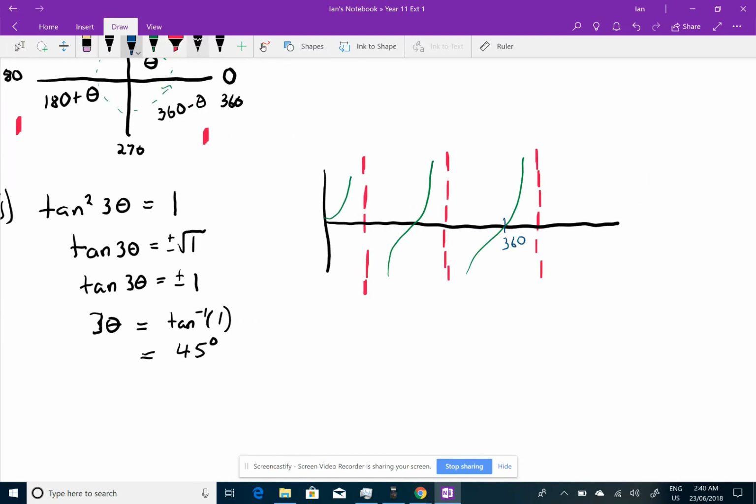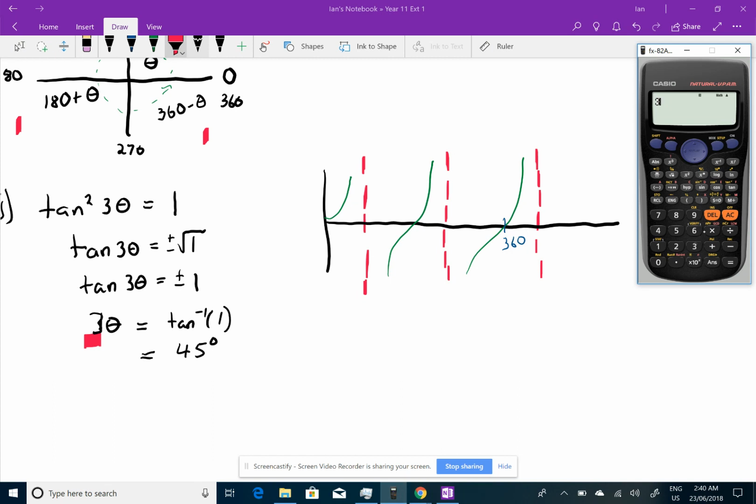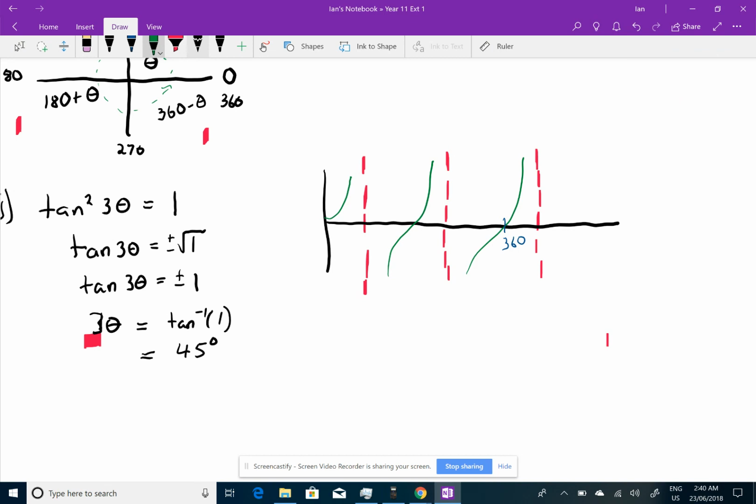That's as far as I should have needed to go because it's for a set domain 0 to 360. But this 3 is going to play an important role because I'm going to have to divide all my answers by 3, which means I'm going to increase the domain by 3. Three times 360 means I should go to 1080. I don't think I'll need to go all the way to 1080, but we'll see.